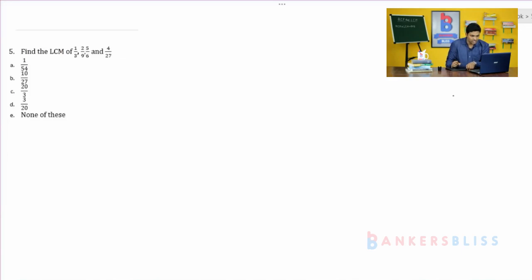So the LCM of the given fractions is equal to LCM of numerator divided by HCF of denominator. So the numerators are 1, 2, 5 and 4. You have to calculate the LCM.